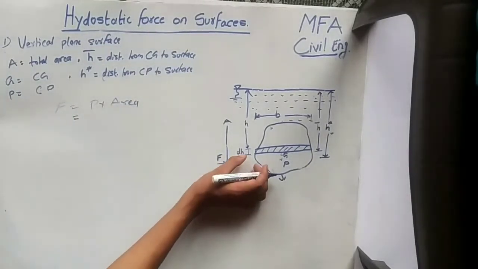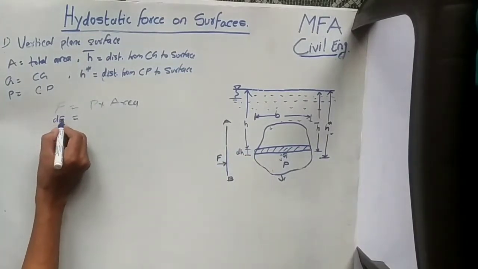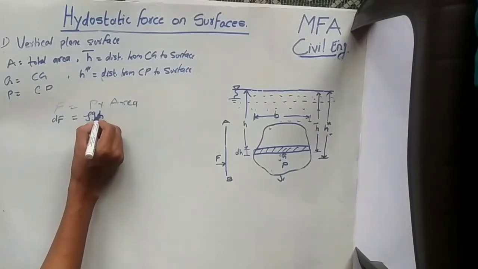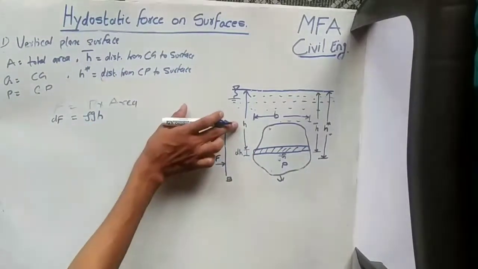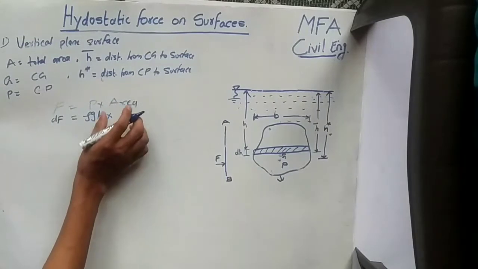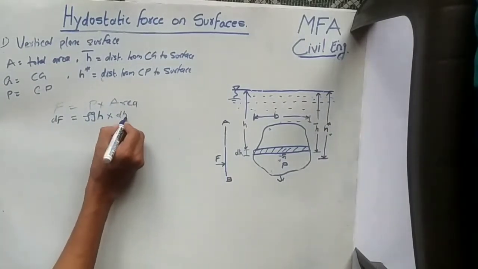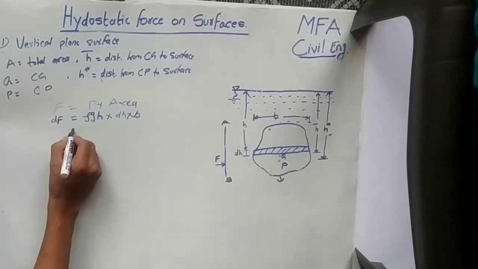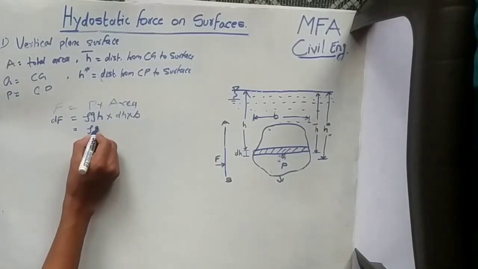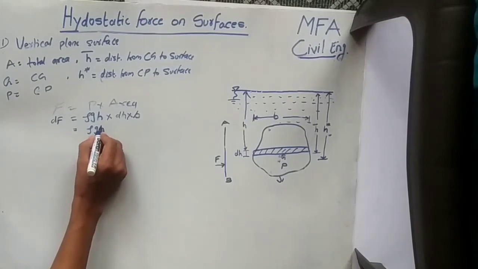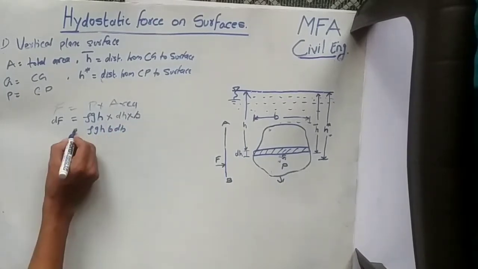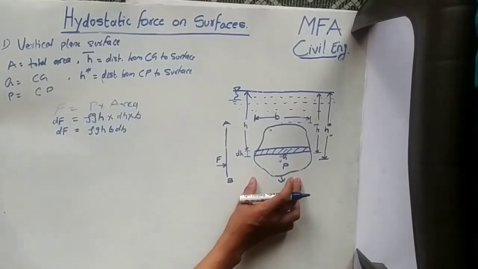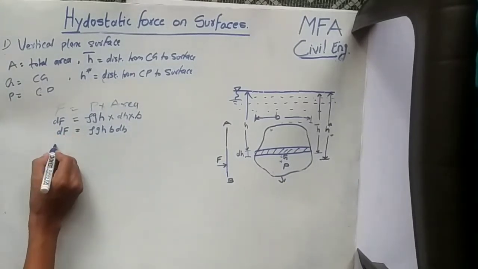Now for the small strip, the force is small, dF. The pressure is equal to rho g h, where h is the depth from the surface of the fluid, into the area of the strip, which is b, the width, into dh. So dF is rho g h b dh. Now the total force can be obtained by integrating this force.